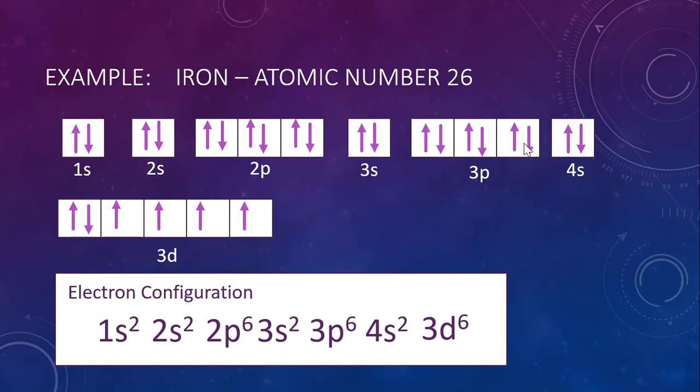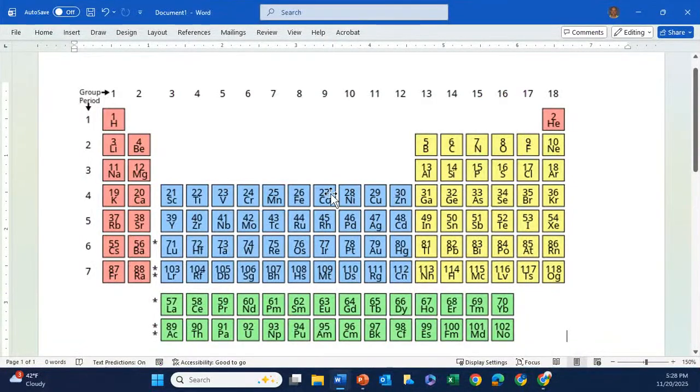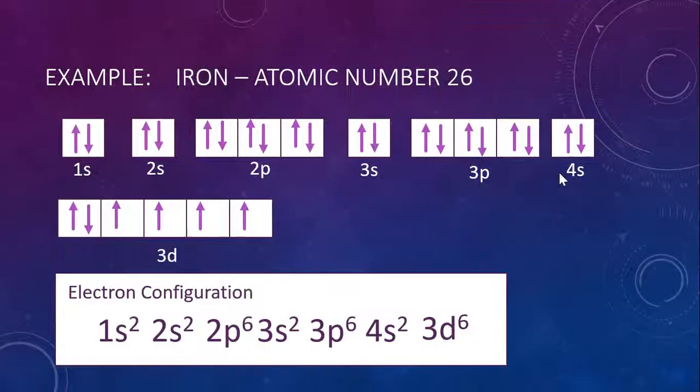So let's look at that periodic table again. The noble gas that's prior to iron, going backwards, is number 18. So up to 3p6 is the previous noble gas.